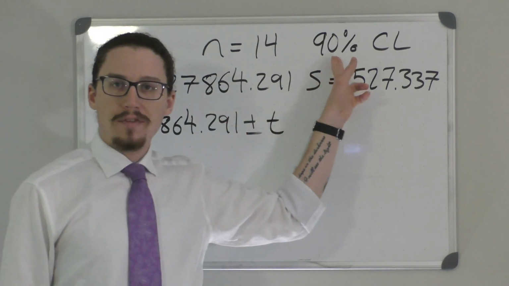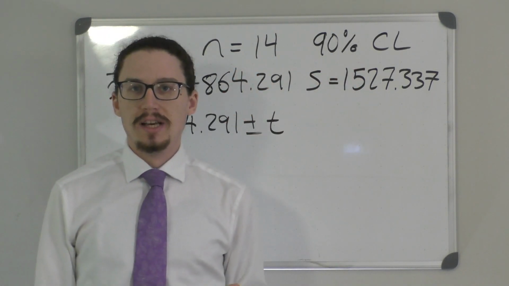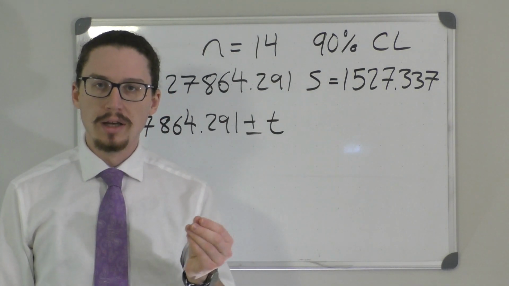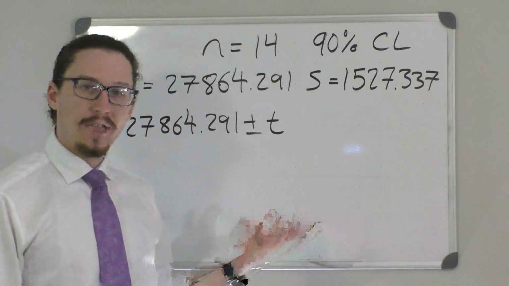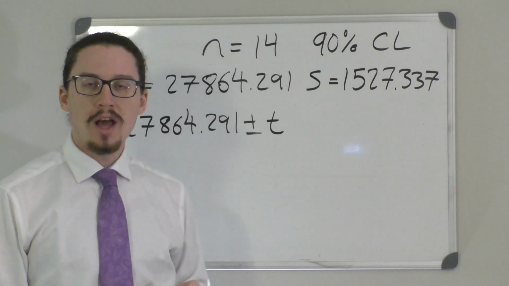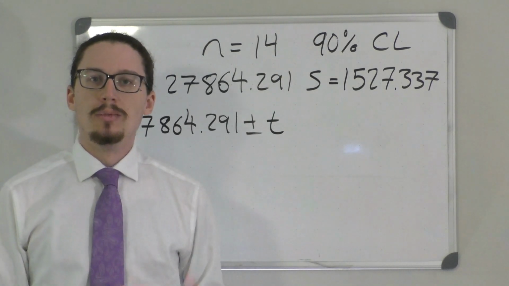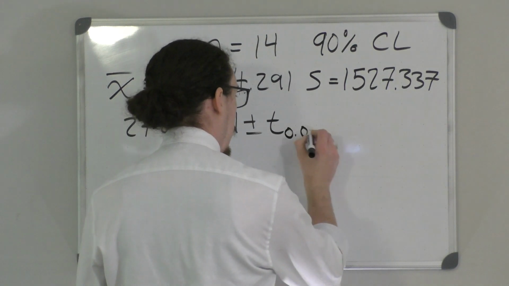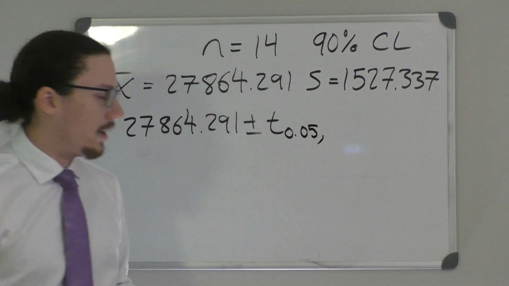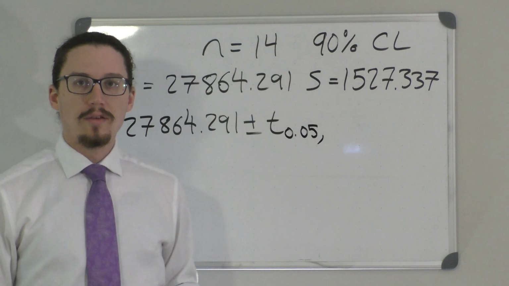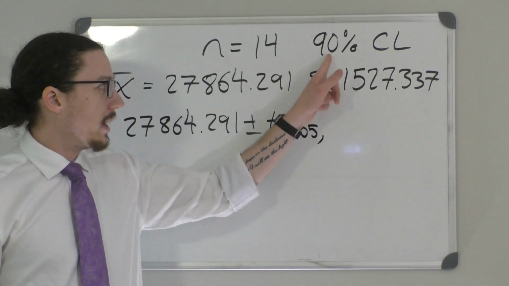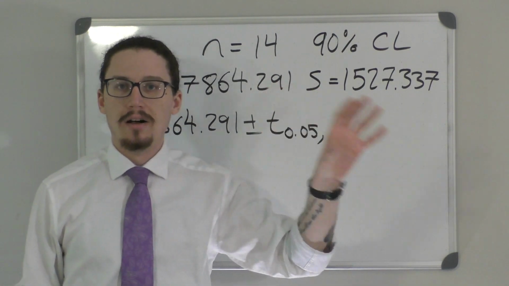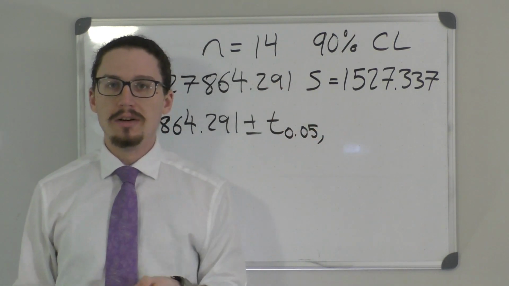So if our confidence level is 90%, that means our alpha is 0.1, right? And when we divide that by 2, which we need to do here for these confidence levels, we're going to get 0.05. Just once again, so everybody knows where that's coming from: a 90% confidence level corresponds to an alpha of 0.10.